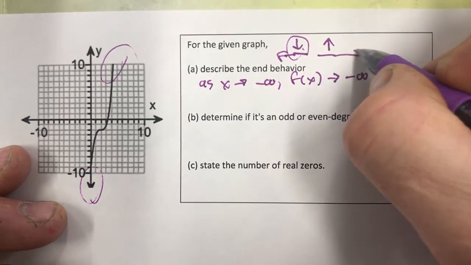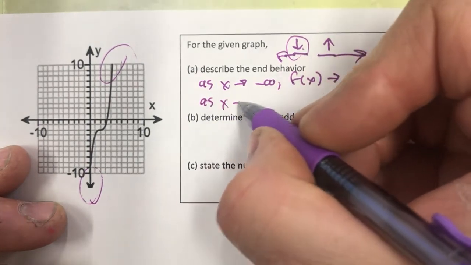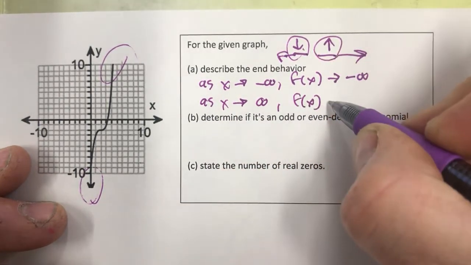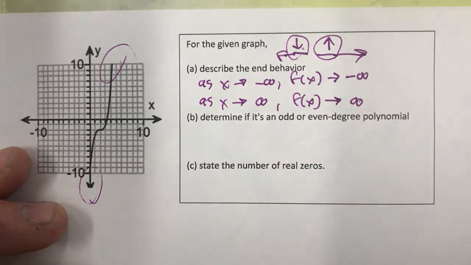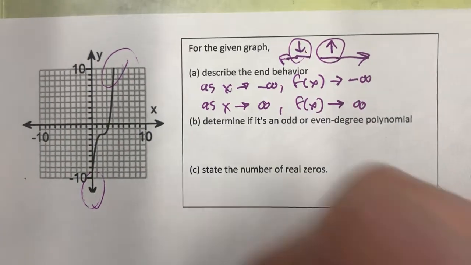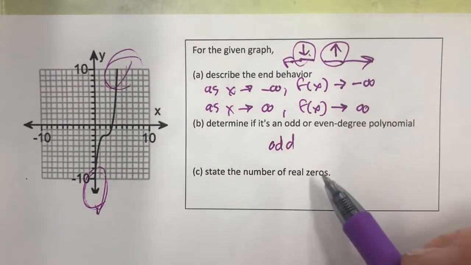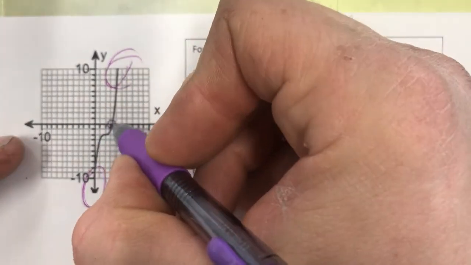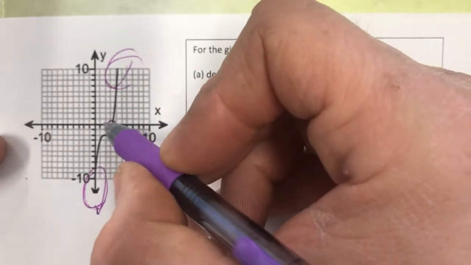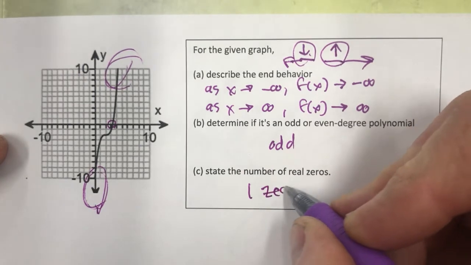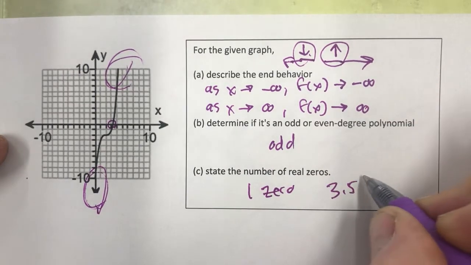On this side, as x approaches positive infinity, the function of x goes up. So that goes to positive infinity. This side's down, that side's up. These are opposites, so it's odd. And the number of real zeros looks like it has 1 zero right there, and another at 3.5 maybe.